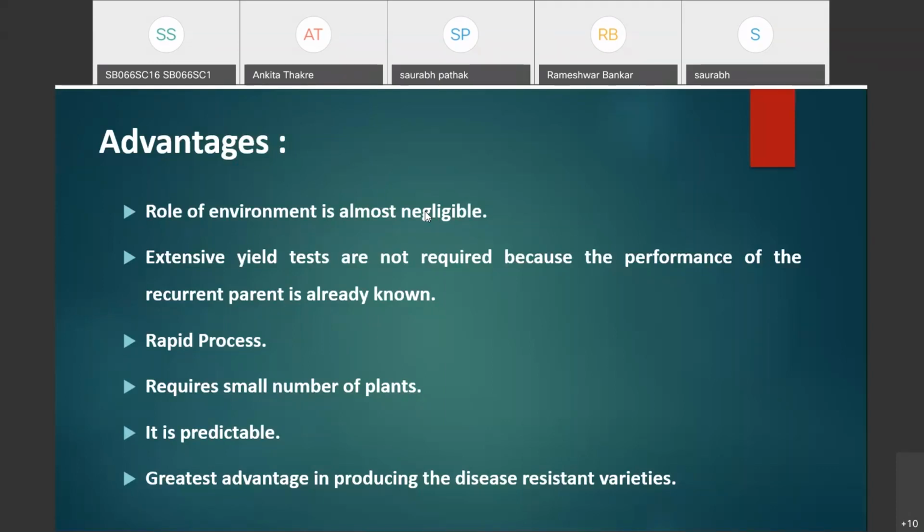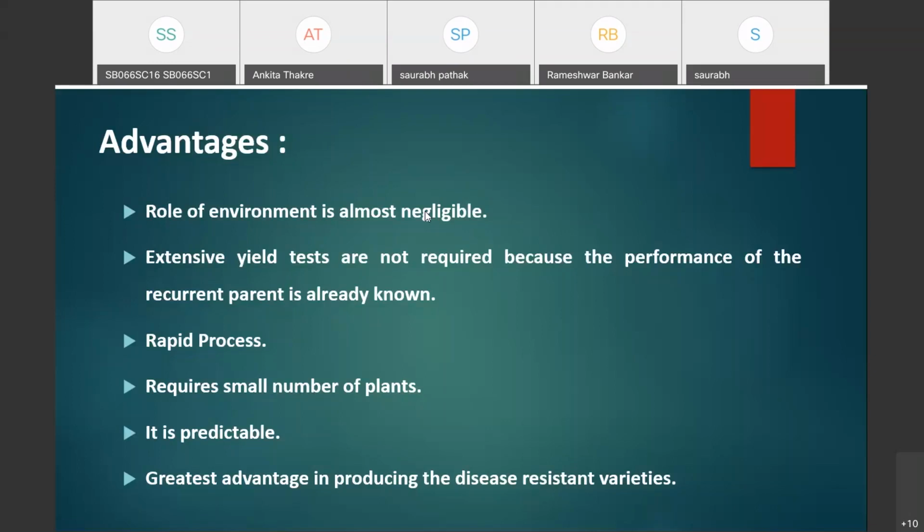The variety released by this method can be safely distributed to the growers without evaluation of yield, adaptation, or quality, because the recurrent parent is already a well known and established variety.